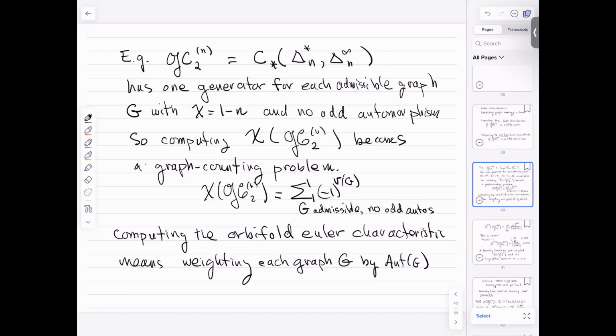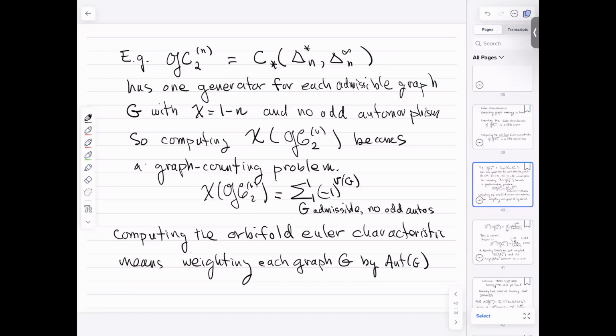We're only going to sum over admissible graphs, and we don't want any odd automorphisms of our graphs. So that's what you do if you want to compute the Euler characteristic. That's actually still a pretty hard problem, even just counting graphs.